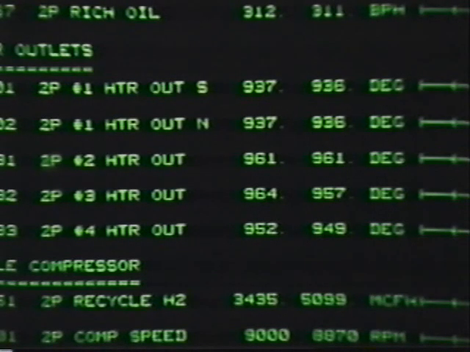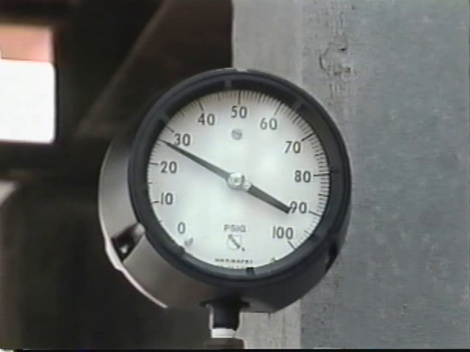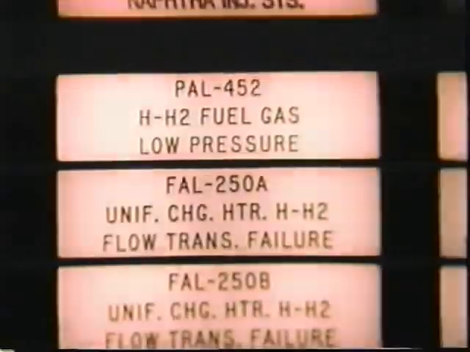As we've seen, an operator should follow a systematic procedure to troubleshoot a problem. To help guide him through this procedure, there are a lot of sources of information he can rely on. Among the most important pieces of information are the process variable indications, both in the control room and from local gauges or indicators.